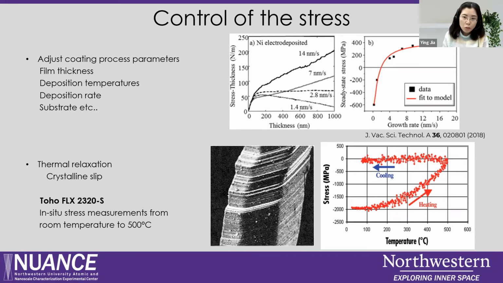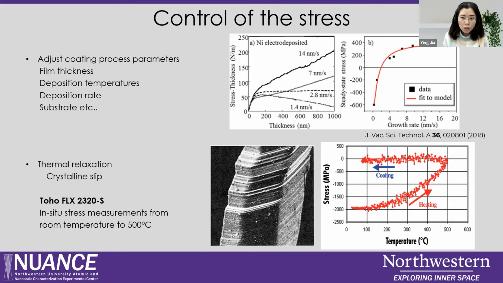But if you don't want to change the deposition parameters, or you cannot change them, for whatever reason, you can do thermal relaxation after the film is grown. Thermal relaxation is actually annealing. Annealing means a slow thermal cycle: you heat up slowly, stay at a temperature for a while, and then cool down slowly.